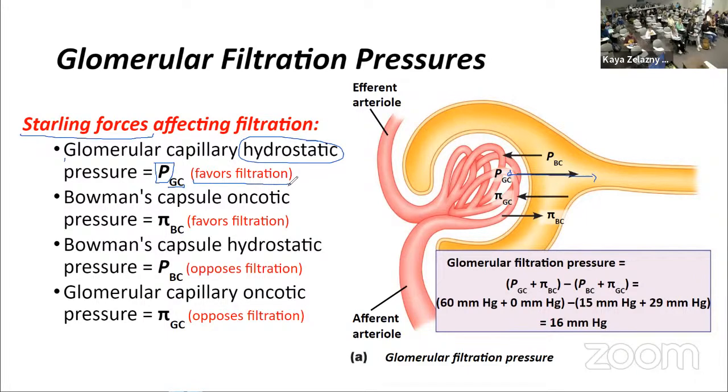Okay. So our other type of Starling force is one we saw before, our oncotic pressures. Oncotic refers to proteins, which are impermeable solutes, meaning things that can't cross the wall, right?